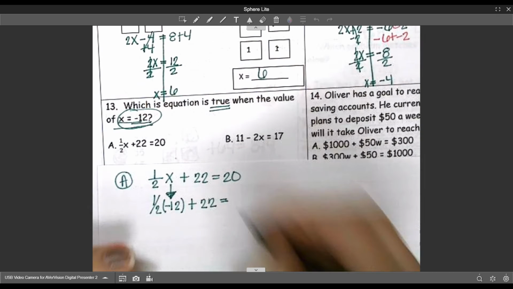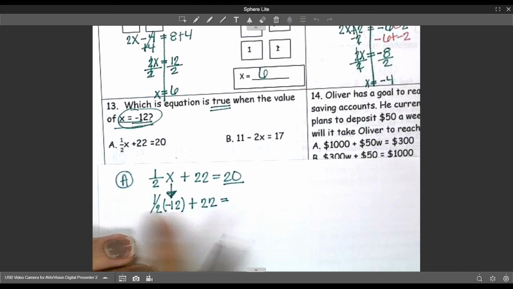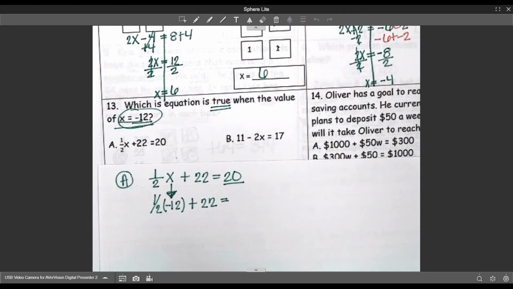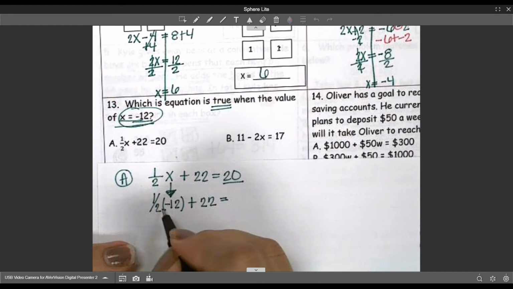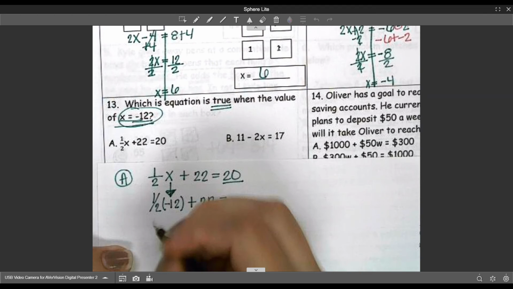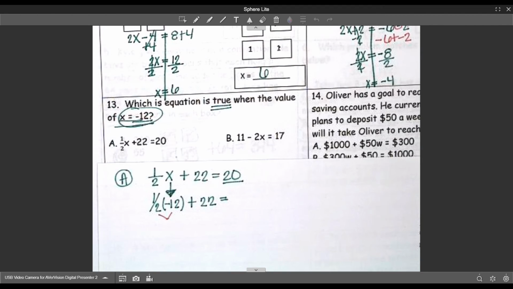It has to give me 20. We're going to work it out and we're going to see, does it give me 20, yes or no? What is half of negative 12? Think of half. Half of negative 12.